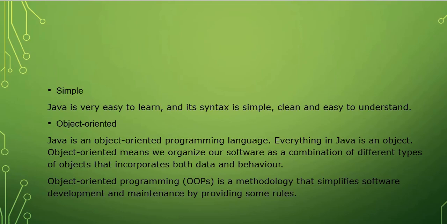Okay. And the second feature is what? Object-oriented. So object-oriented programming language means everything is an object in Java language. And why we need object-oriented programming system means it simplifies software development and maintenance by providing some rules. That's why we need the OOPS concept. Okay. Now what are the rules?